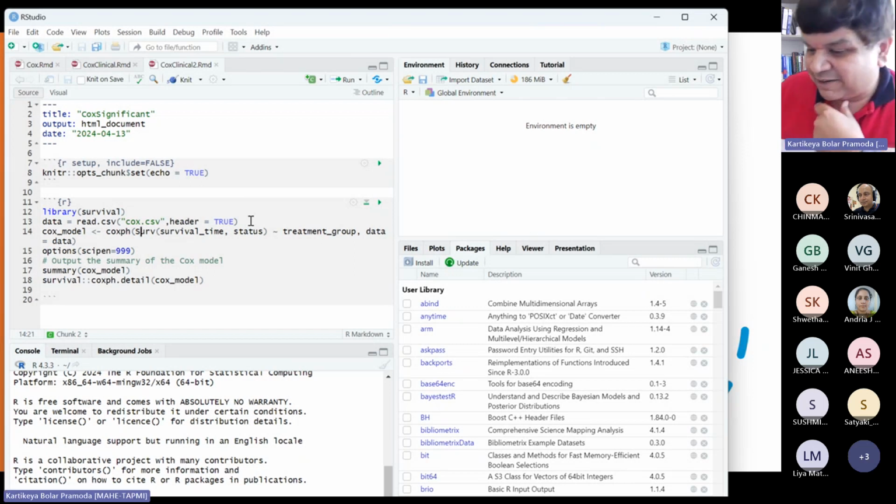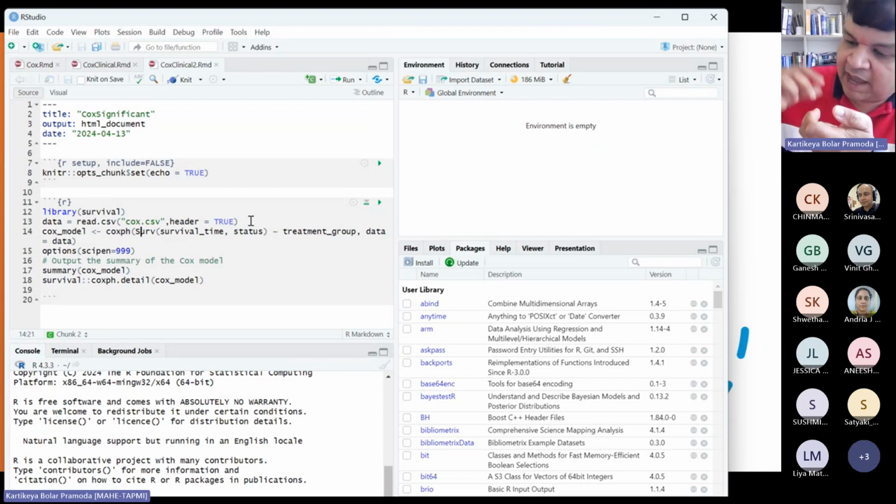Now a survival object basically means that it will have in its form two parts. One is the time, another is the status. Status would usually be a binary variable indicating whether you reached that particular state or not. So status combined with time would be the dependent variable.